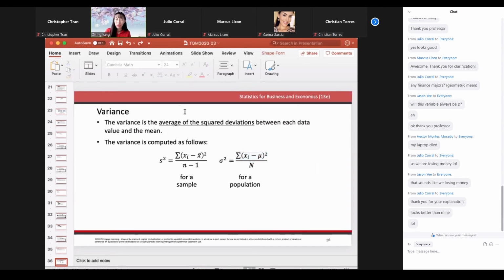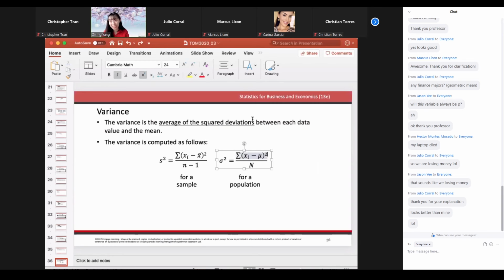So, okay, I know I need to calculate the average, but the average of what? The average of the squared deviation. Keyword is squared. Now I know, okay, in my calculation, somewhere I need to do a square.